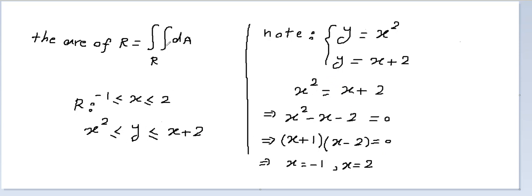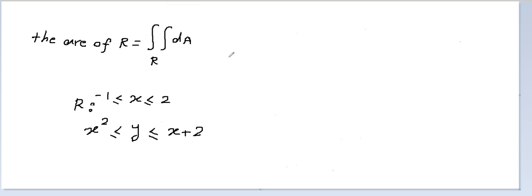Now we can set up the integral to find the area. Let me now erase these two to continue. Okay, so this is the description of region R. So this integral equals, from -1 to 2 for x, and from x squared to x plus 2 for y.